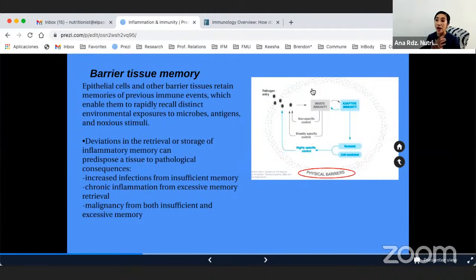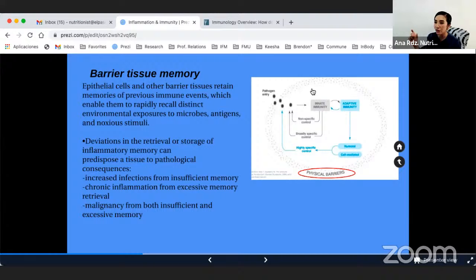Immediately after the inflammatory response is done, we're going to get an activation of the innate immunity that will in turn lead to adaptive immunity, which is a more specialized reaction.